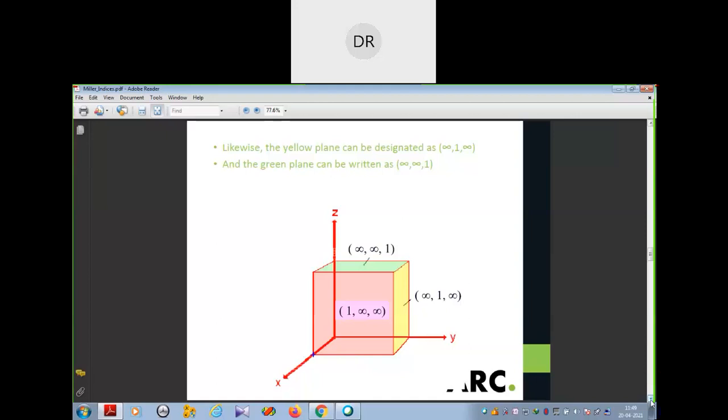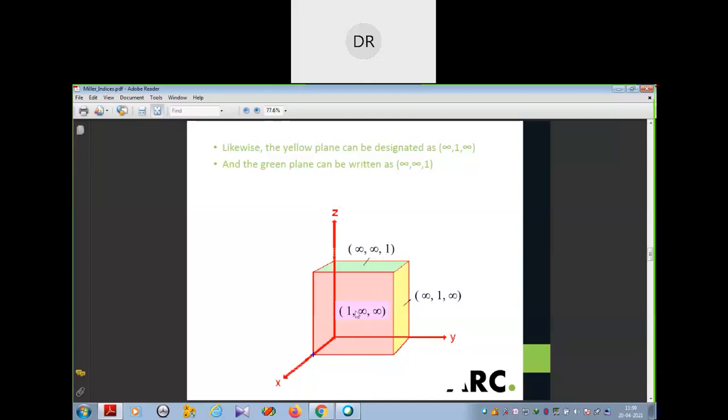Now how do we find the plane for the y-axis? In the x-axis it is 1, infinity, infinity; in the y-axis it will be infinity, 1, infinity. In the z-axis, because the y value is 1 and the z value is 1, the other planes are parallel to the other two axes.